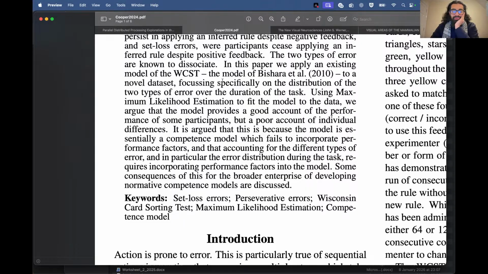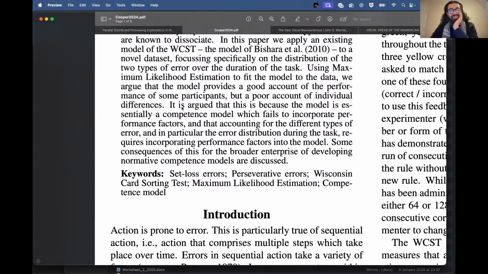The two types of error are known to dissociate. In this paper, we apply an existing model of the WCST, the model of Bishara et al. 2010, to a novel dataset focusing specifically on the distribution of the two types of error over the duration of the task, using maximum likelihood estimation to fit the model to the data.